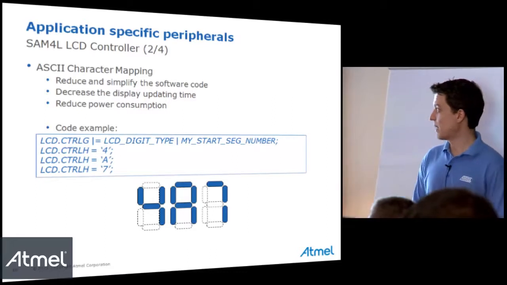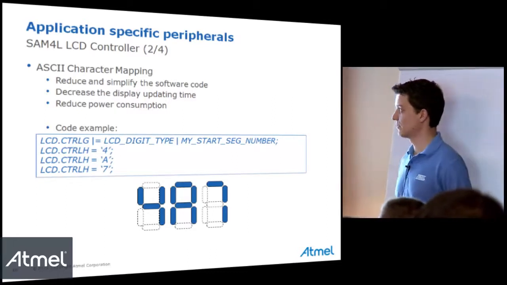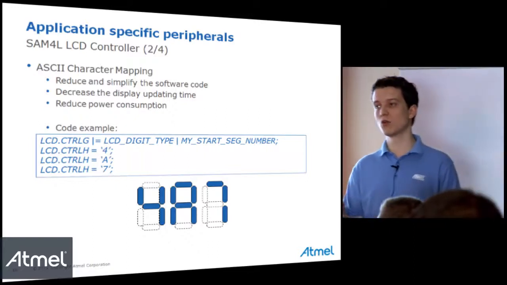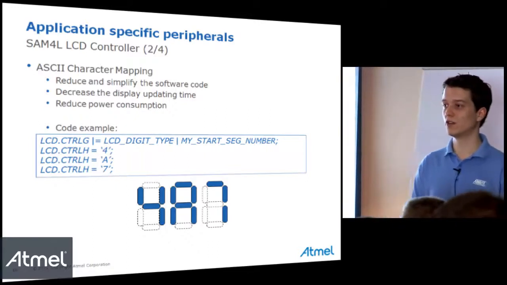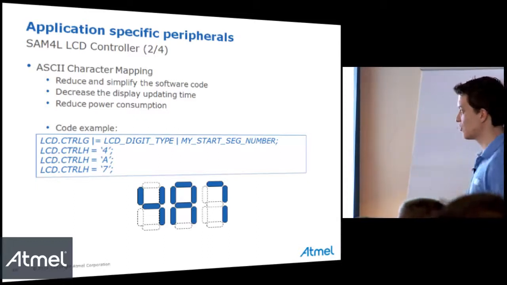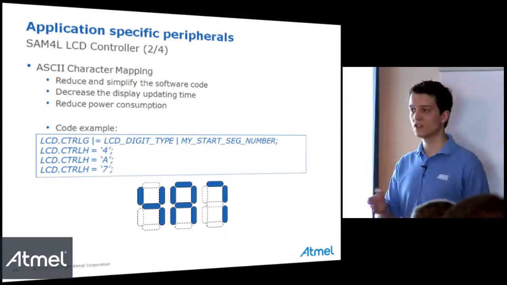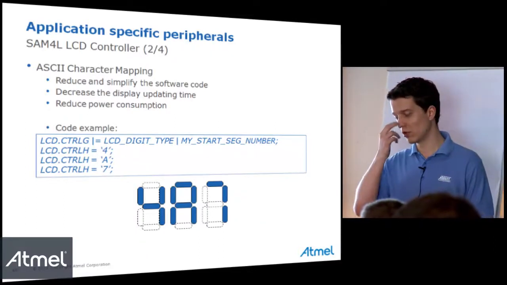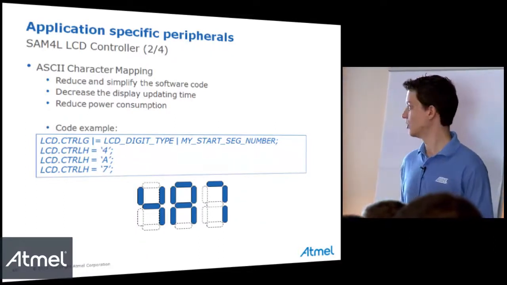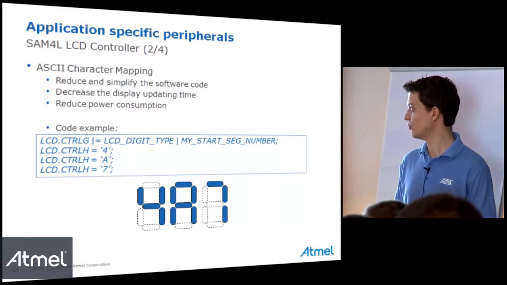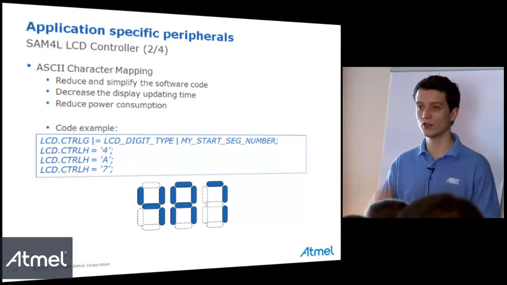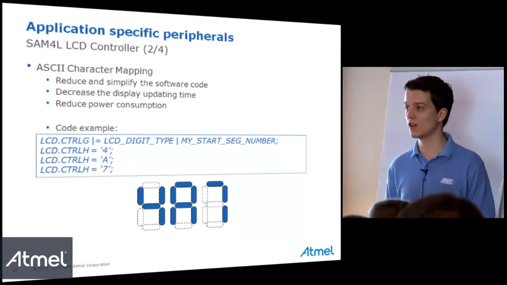The goal of ASCII character mapping is to reduce and simplify the software code. In fact, it's a small ROM inside the LCD controller that stores all the ASCII characters. So it allows developers to not have a lookup table in order to manage the ASCII characters.